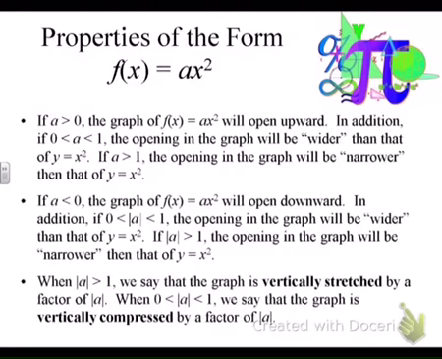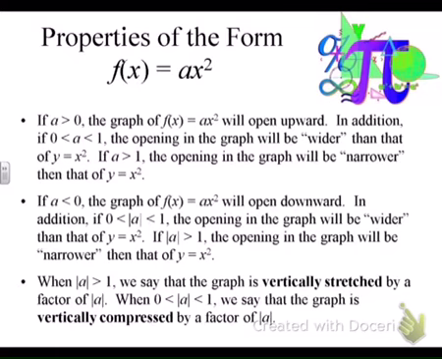And when the absolute value of a is greater than 1, we say that the graph is vertically stretched by a factor of a. And if it's between 0 and 1, then we say the graph is vertically compressed by a factor of a. If you think about something that's stretched, like in The Incredibles, when the mother got stretched, she ends up being real tall and thin because she was stretched.